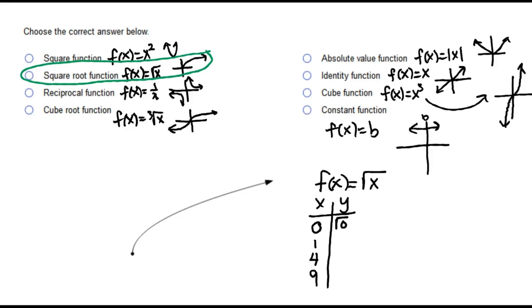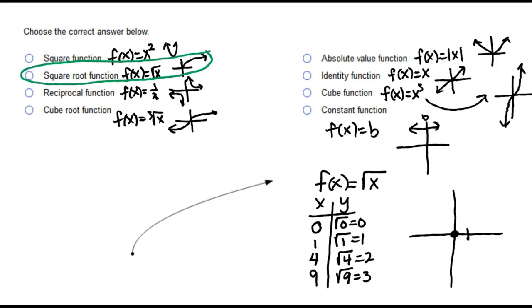The square root of 0 is 0, the square root of 1 is 1, the square root of 4 is 2, and the square root of 9 is 3. And I'll plot these ordered pairs on a coordinate plane.